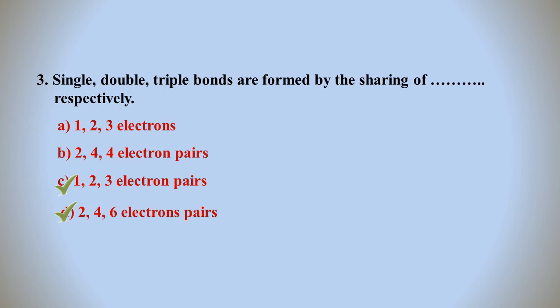We have 2, 4 and 6 electron pairs. When we are talking about sharing, we don't say the number of electrons, we say the pairs that make the share. Please, it's a new language for us in chemistry. You have to study hard for this kind of question. Okay, let's go to another question.